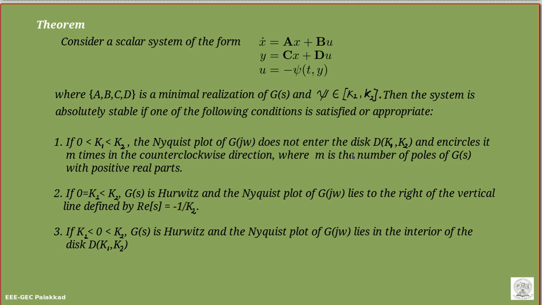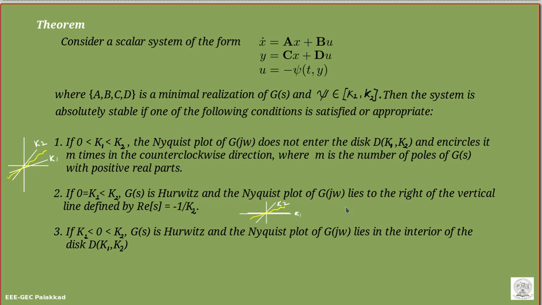That means, if I am having the Nyquist plot within this sector, we can draw it here and see these are the K1 and K2 sectors. This is the first case, and this is the second case here. For the second case, I have only K2 here, K1 is this line, and the nonlinearity lies within these 2 lines.